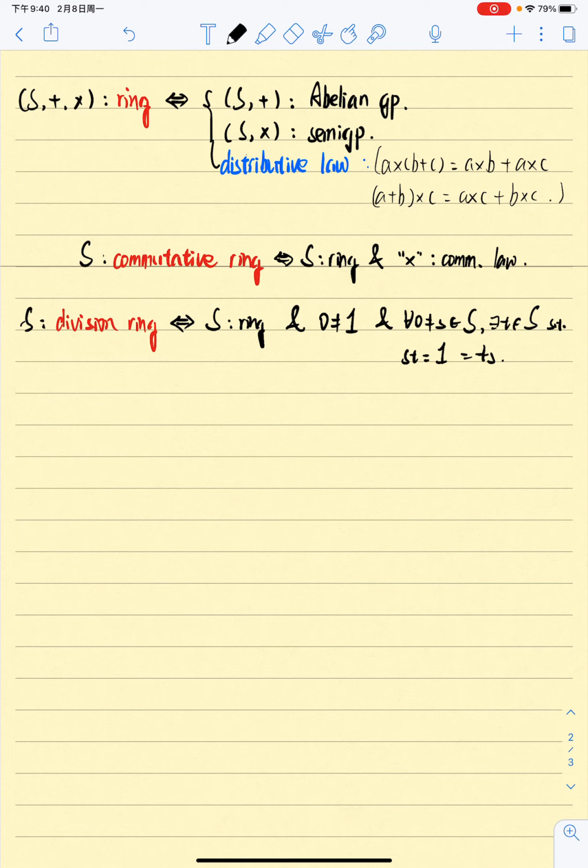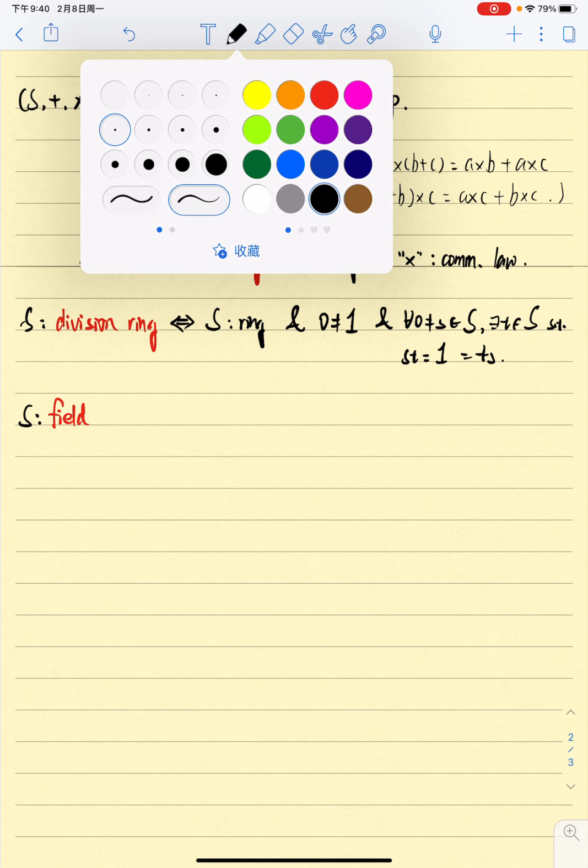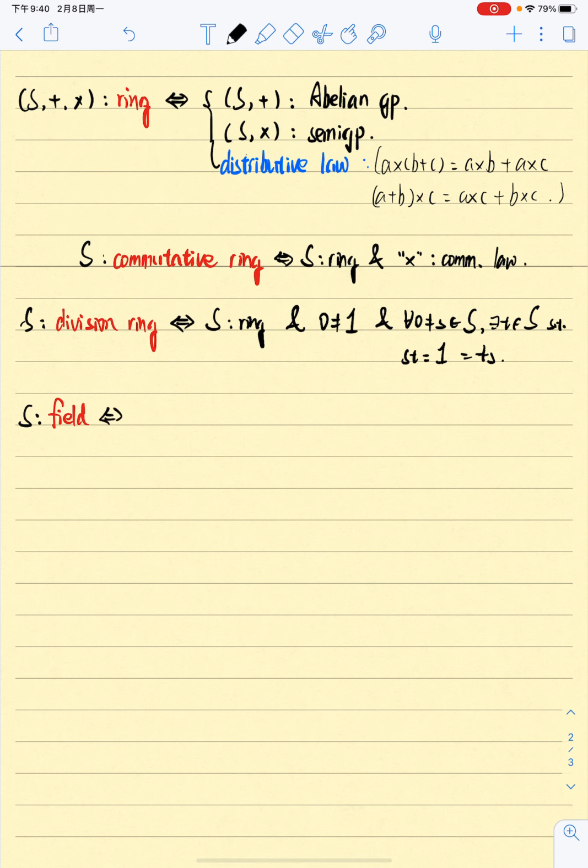And we call S a field if S is a division ring and a commutative ring.